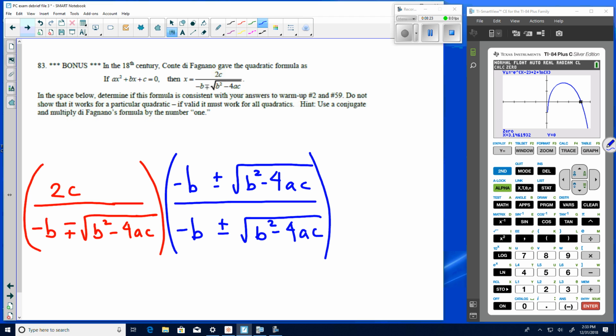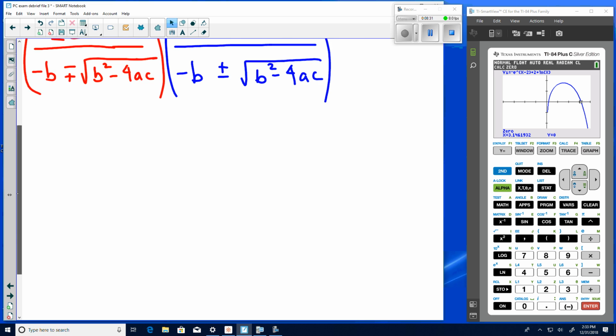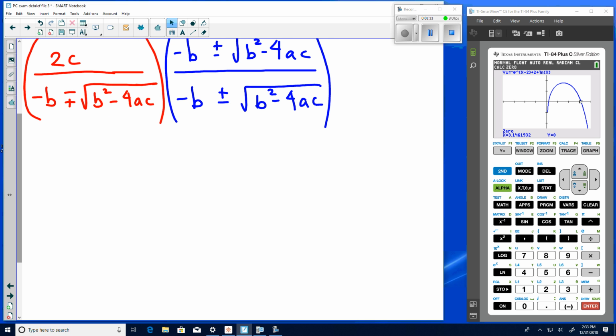Now, what happens when you do that? A little bit of algebra. Let's look at the bottom part first. The bottom is nice. When you multiply these out, negative b times negative b is going to be a positive b squared. The middle terms will drop out, because that's what happens when you try conjugates.